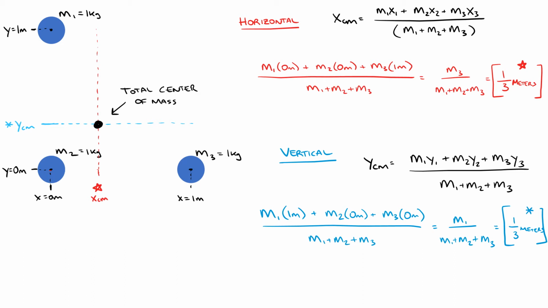So horizontal. Same exact thing as I have over there, except this time I have 3 objects to list. So let me label them. We have M1, M2, and M3. Let's say they're all the same this time. They're all the same mass.